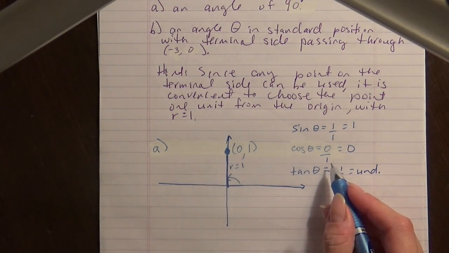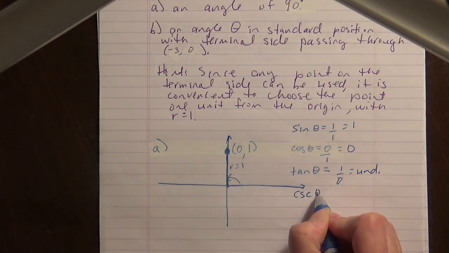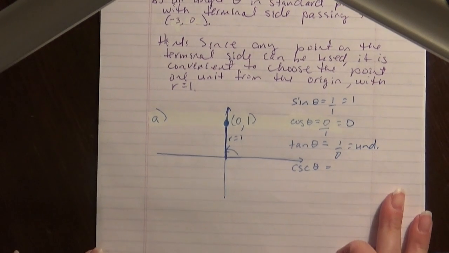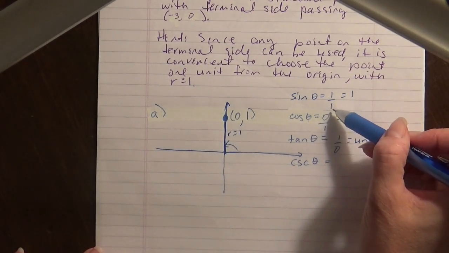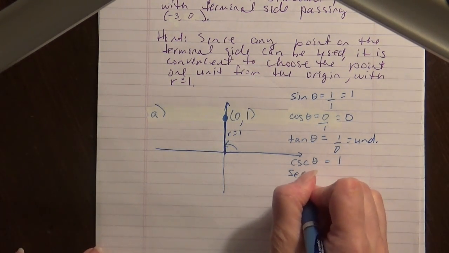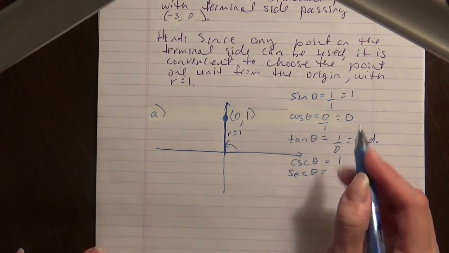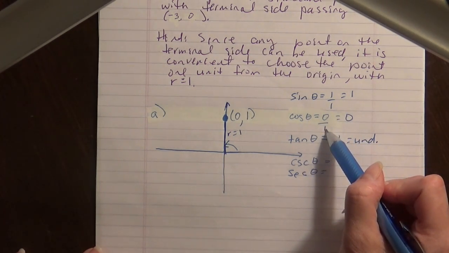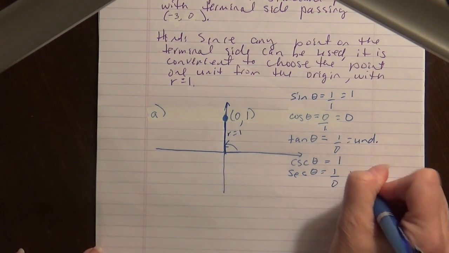Okay, now let's do cosecant. Cosecant is the reciprocal of sine. So 1 over 1 is still going to be 1. Secant is the reciprocal of cosine. So if I flip 0 over 1 around, I get 1 over 0, which is undefined.